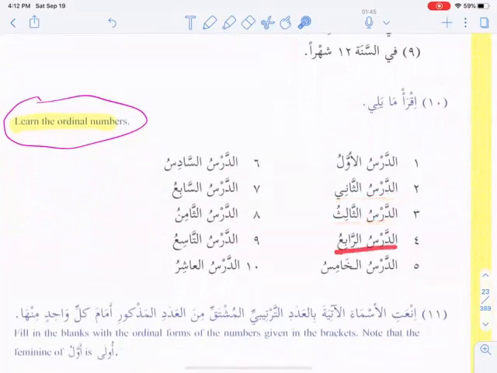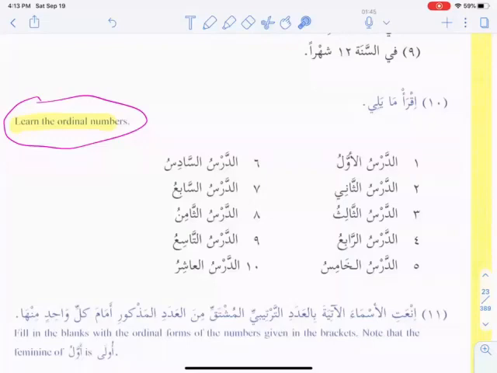Ad-darsu rabiu. Ad-darsu khamisu. Ad-darsu sadisu. Ad-darsu sabiu. Ad-darsu saminu. Ad-darsu tasiu. Ad-darsu ashiru. I would like you to copy it, write it down, and say it loudly, and inshallah you will remember.